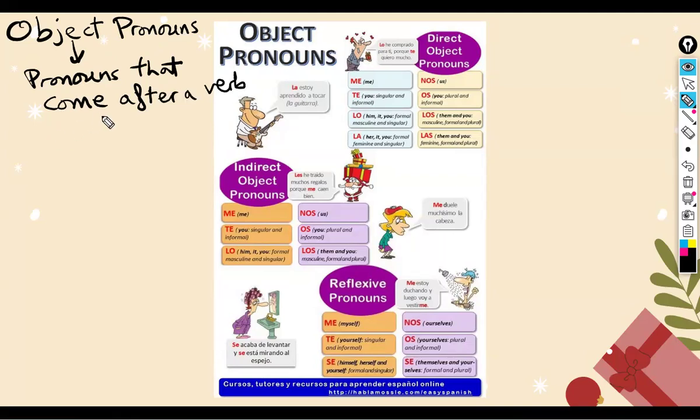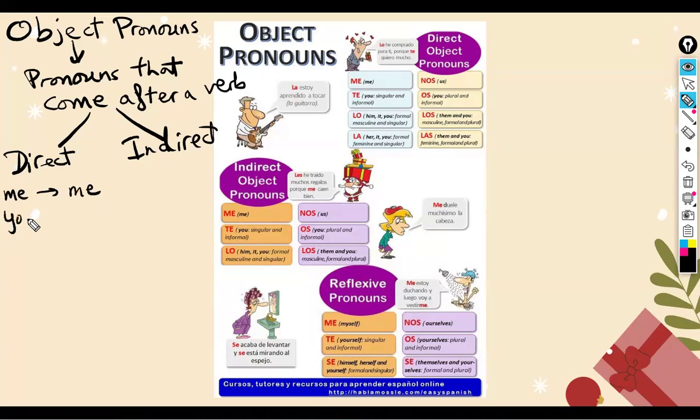Right? There are two sets. There's direct and there's indirect. All right, so what are the direct ones? For me, well, that is me. For you, that is te.